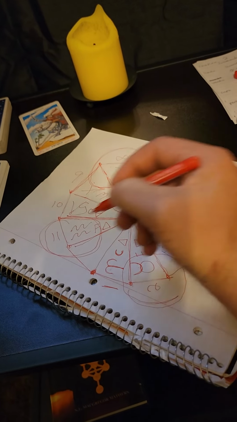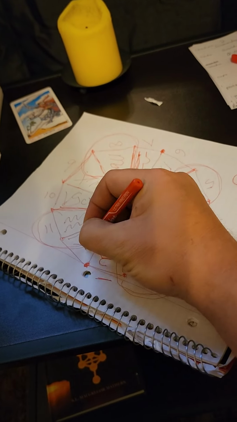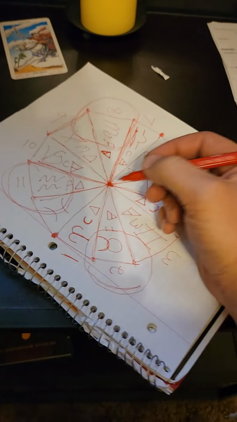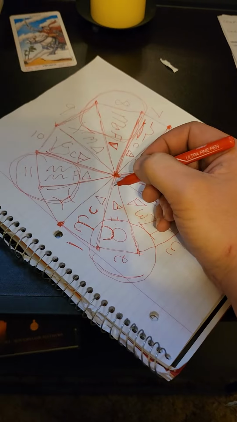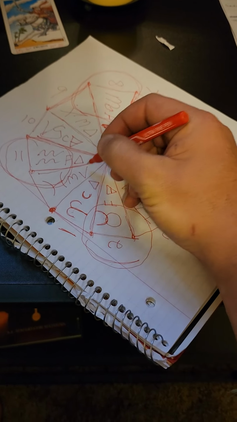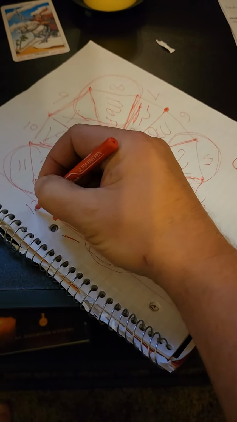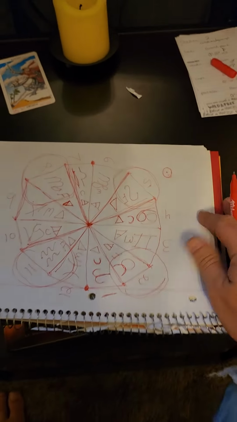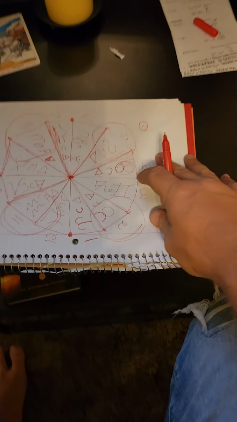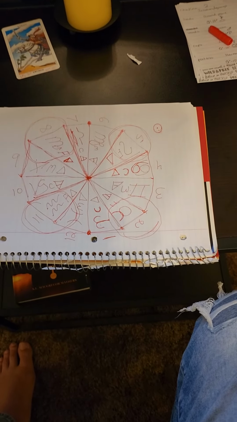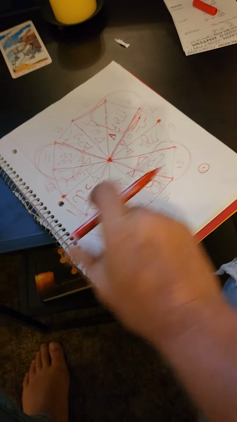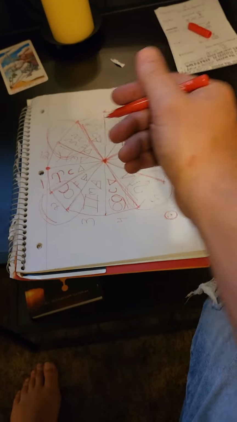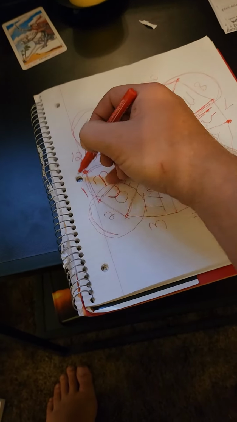So then you go to mutable water. And that is Pisces. And Pisces is a combination of all of these together, right? But things don't end. Things just change. So once it gets to Pisces, it then sparks itself back to its original spark.